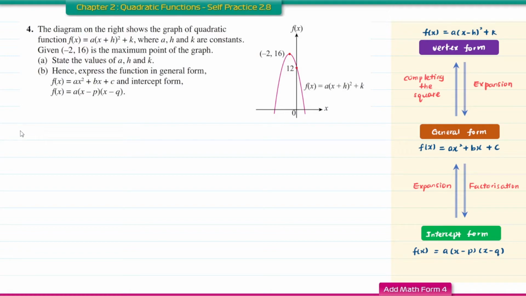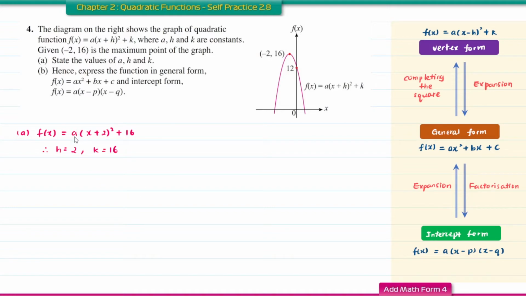If I substitute the values into the vertex form here, I'm going to have f of x equal to a (x plus 2) squared plus 16. By doing the comparison here, h is equal to 2 and k is equal to 16.